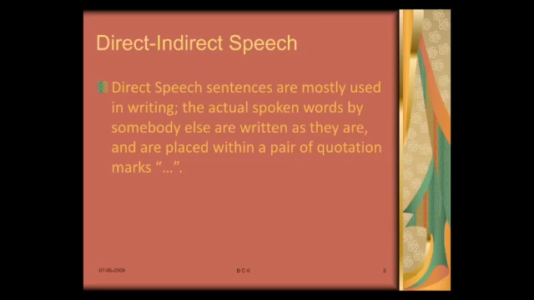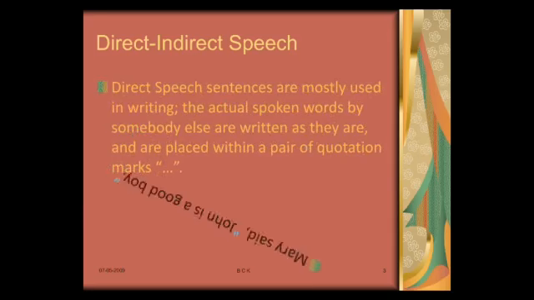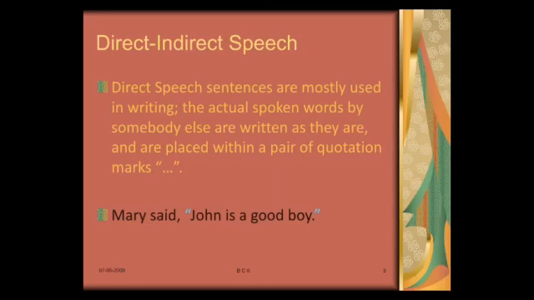Let's have a look in case it feels a little confusing. An example: Mary said, "John is a good boy." Here you can see direct speech is placed only in inverted commas. You know the mark of inverted commas, right? So whatever sentences or words are inside the inverted commas, that is said to be direct speech.